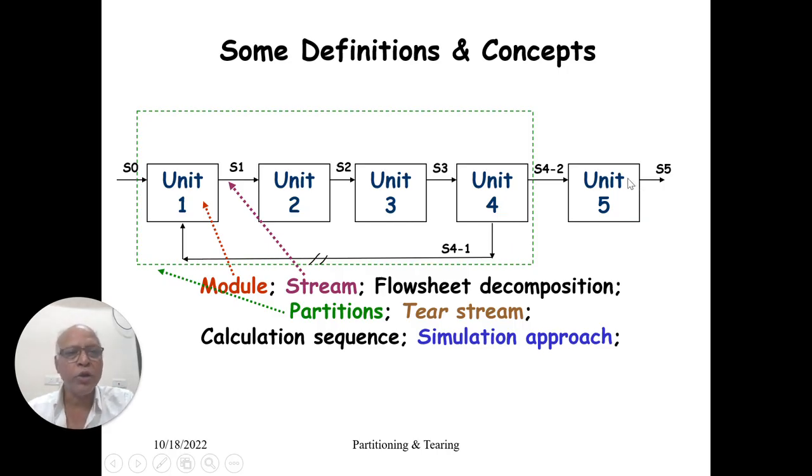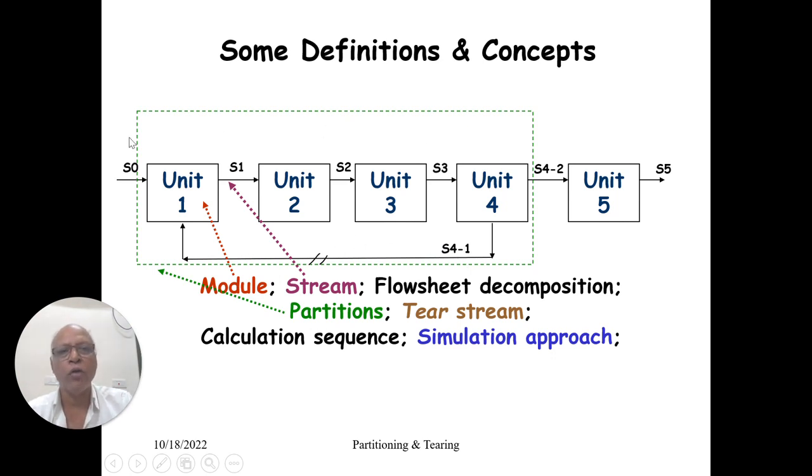If you try to include this unit 5 inside, unfortunately, you will also be doing unnecessary calculations, solving unit 5 in an iterative loop, because S42 will be finalized only when S41, which is the recycled stream, comes to a convergent solution.